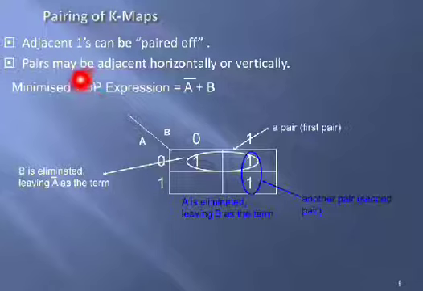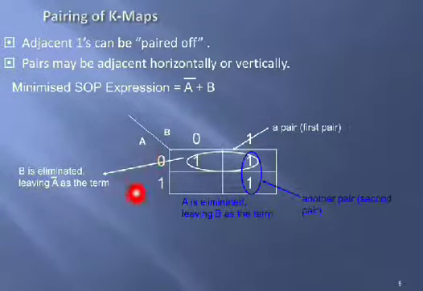Pairs may be adjacent horizontally or vertically. So you can pair these cells either horizontally or vertically. There is no possibility of pairing diagonal cells. You can pair only horizontal cells as well as vertical cells.